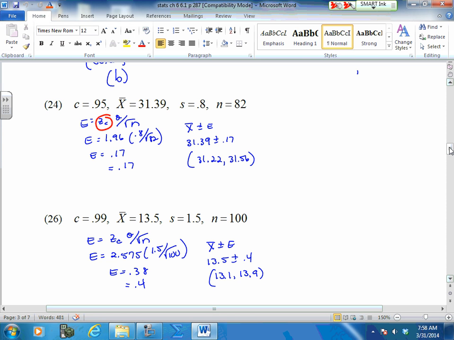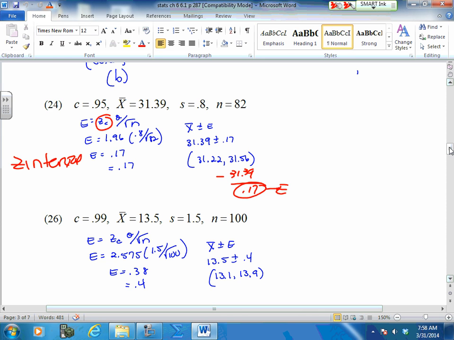So fill this in. You can absolutely do this on your calculator. Z interval. When you find your interval, take this and subtract your mean off the highest point. And you'll come up with your margin of error. That's more than acceptable for me.